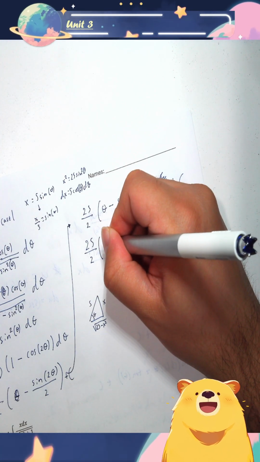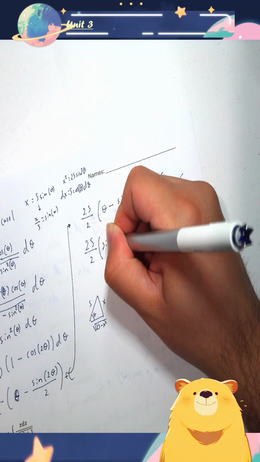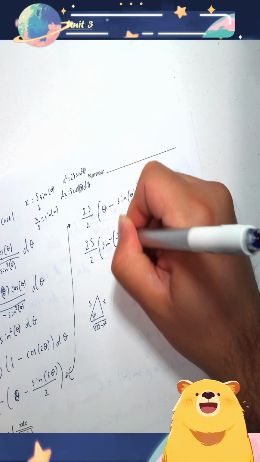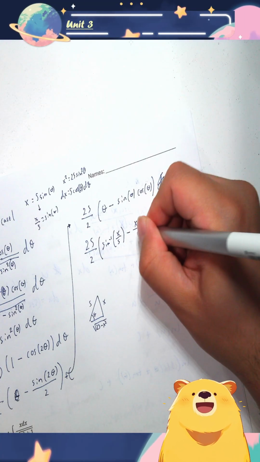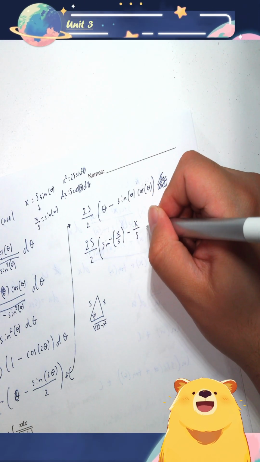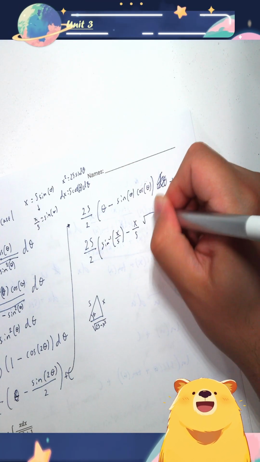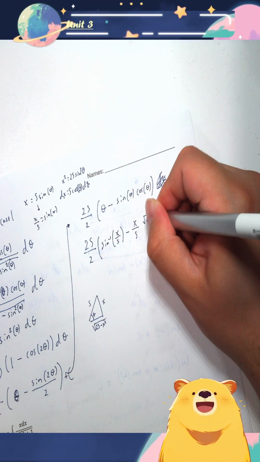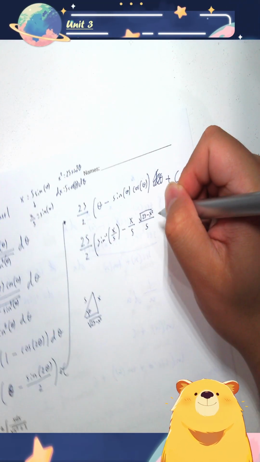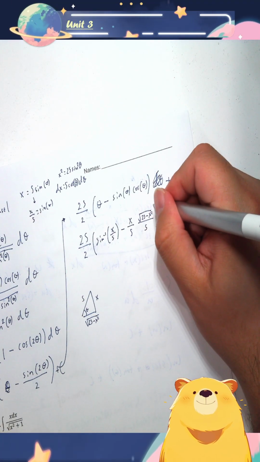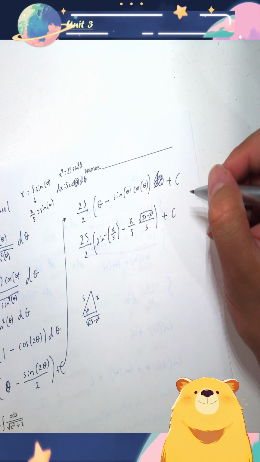Theta is sine inverse of x over 5, minus sine, which is x over 5, and then cosine, which is the square root of 25 minus x squared over 5, plus c.